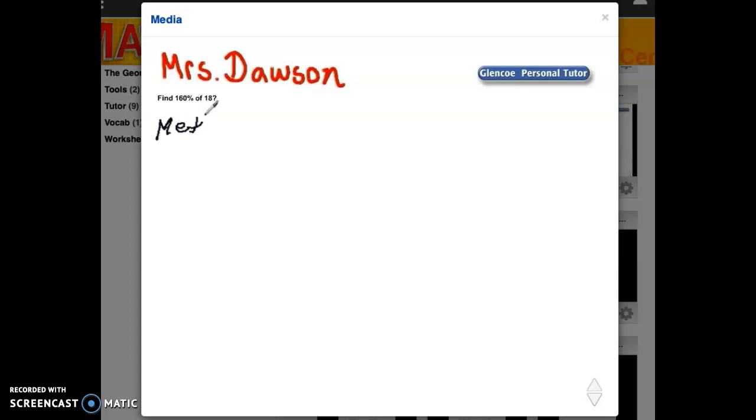Method 1, using fractions. 160% of 18 can be found by changing 160% to its fraction equivalent. 160% is equivalent to the fraction 160 over 100. We're finding 160% of 18, which means we're going to multiply by 18.